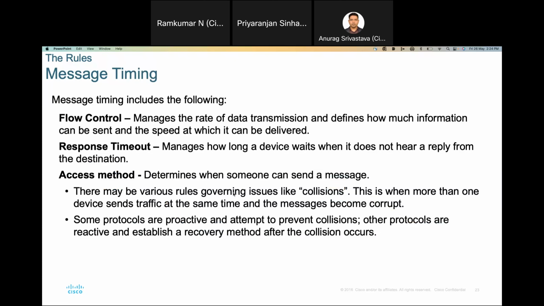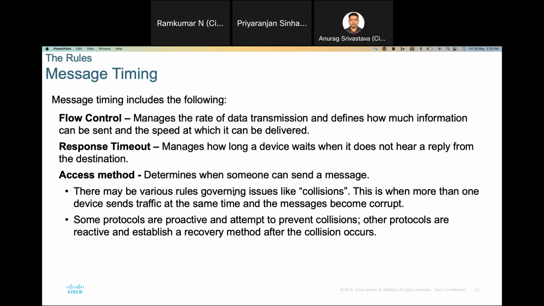Message timing. So message timing includes the following: the flow control, response timeout, and access methods. Whenever a message is sent, it should be sent at the speed at which it can be delivered. And response timeout: if you are sending a message, the destination has to wait for some time until it receives your message.